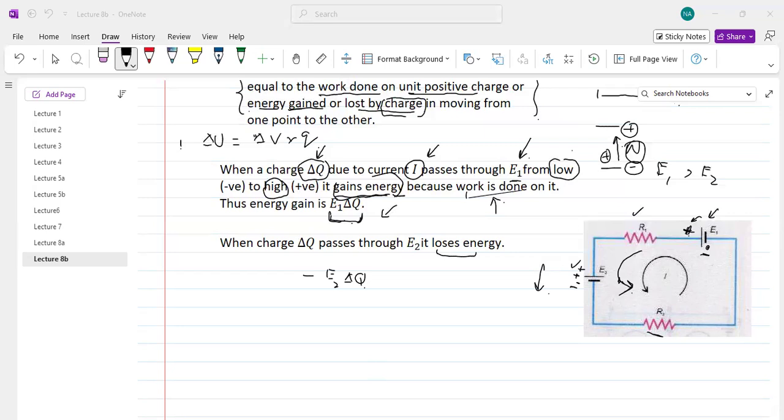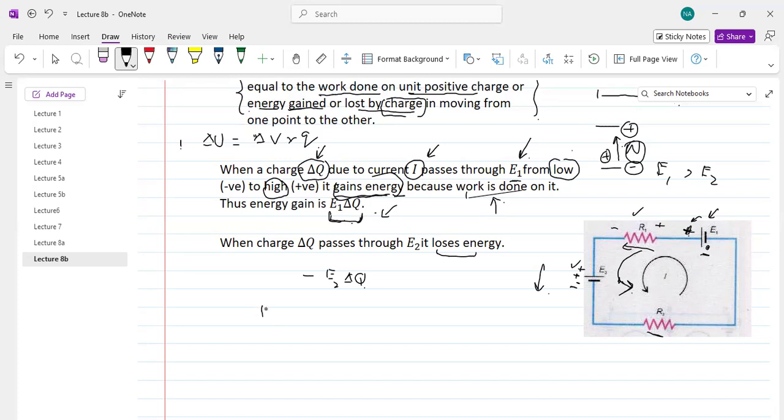In the case of resistances, we know that the current always flows from high potential to low potential. What does this mean? This means that when current flows through the resistance R1, it always loses energy. So it is negative. This loss of energy must be taken as negative.